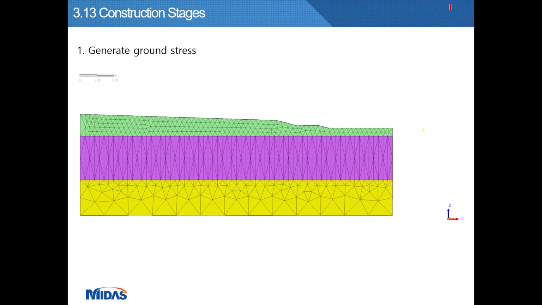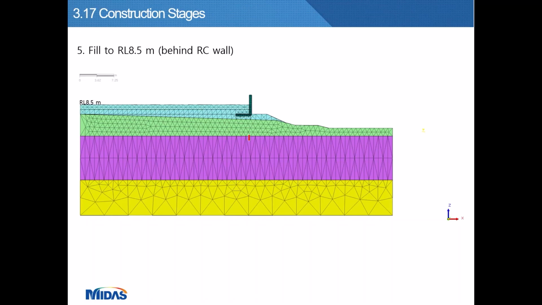And now we come to the construction stages of the simulation. Step 1, we generate the ground stress. Step 2, backfill to create the working platform. Step 3, install RC piles and construct the RC wall. Step 4 to step 9, gradually fill up to the platform at RL 11.